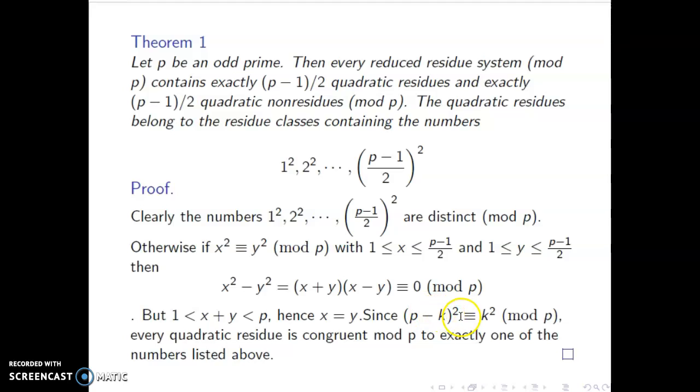Since (p minus k) the whole squared is the same as k squared mod p, every quadratic residue is congruent mod p to exactly one of these numbers listed here.